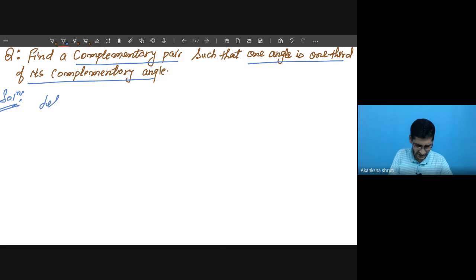So let an angle be, you may consider x or theta, any value. Let me consider that as x itself. Then what is the complementary value of this x? Yes, that we have to calculate.